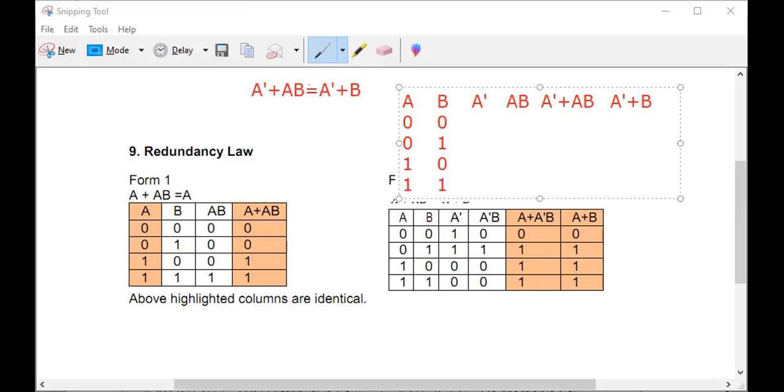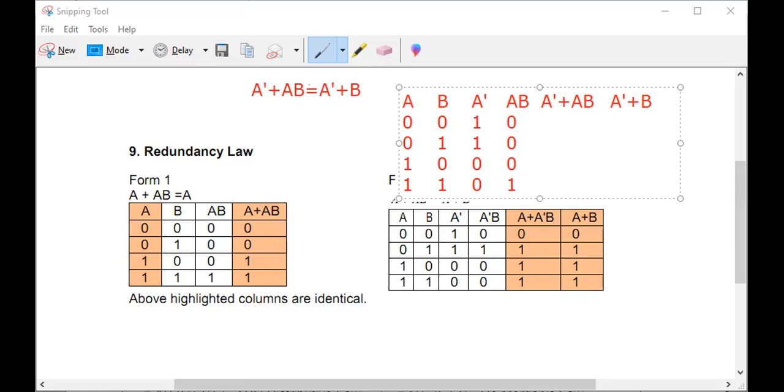A dash means the other side of A. AB means AND gate, so here you get 0 and here you get 1.